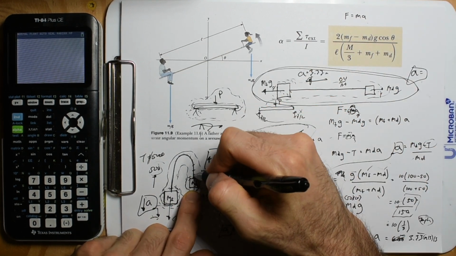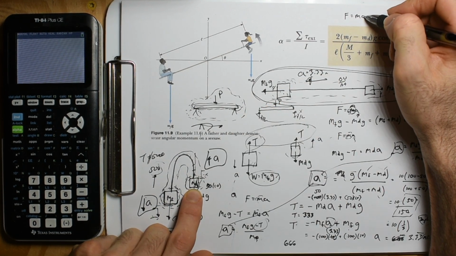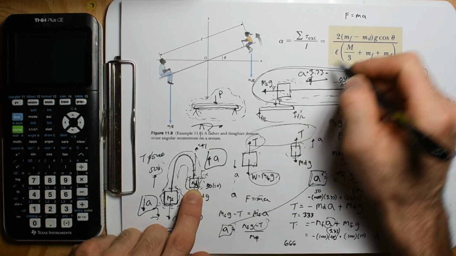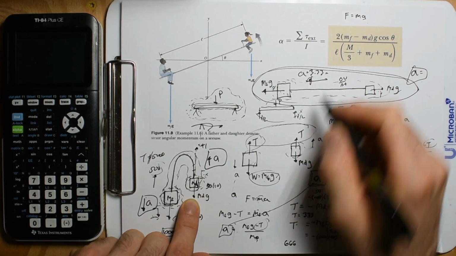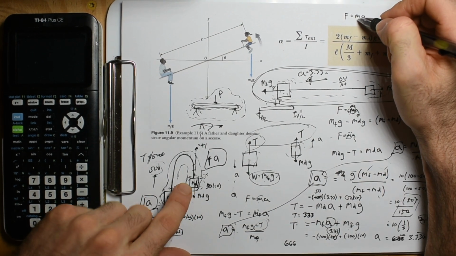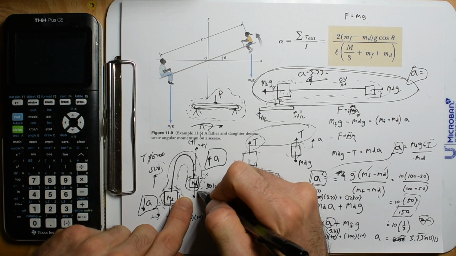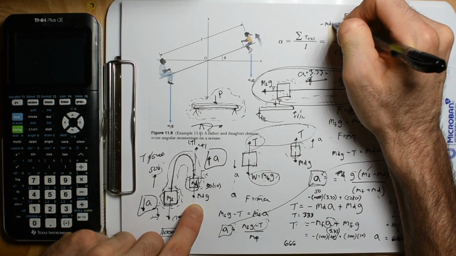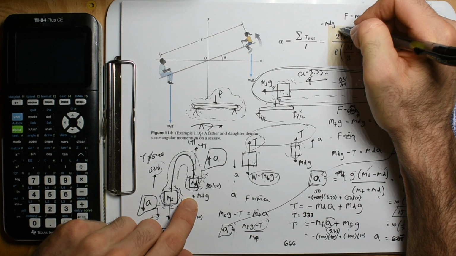But now what direction are we calling A? Are we calling A positive? Because if we're calling A the positive, and that's the number that we want to put in, 3.33, then we have to say, hey, this is the positive direction. So now in your forces, you have a negative mdg. The weight is opposing that.